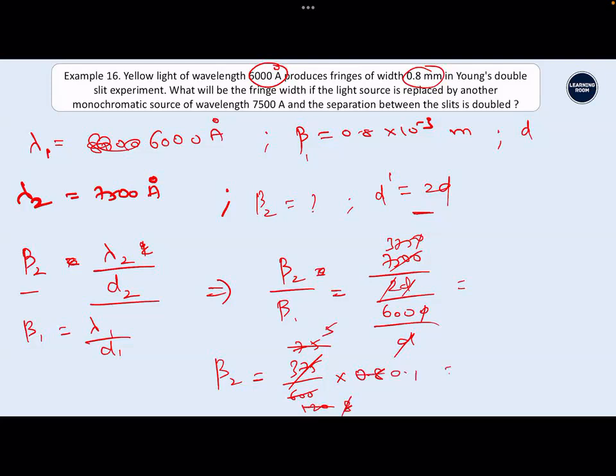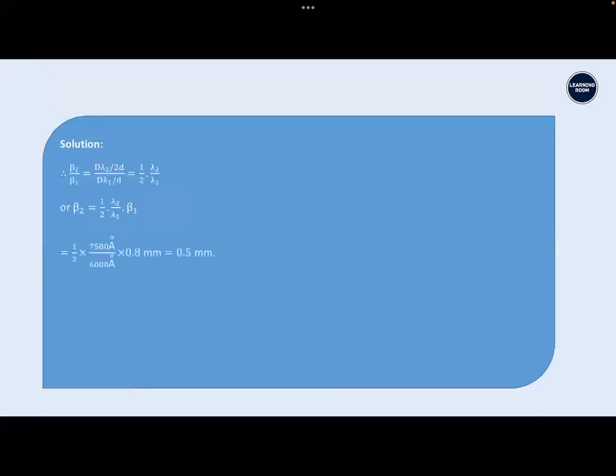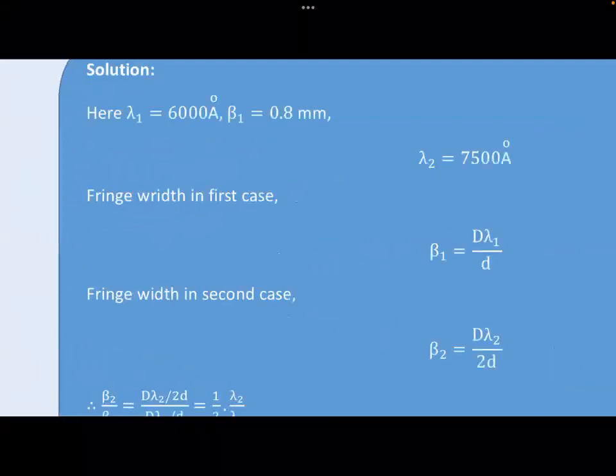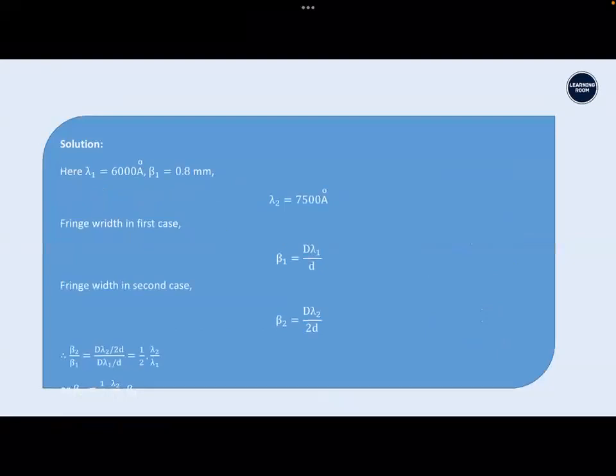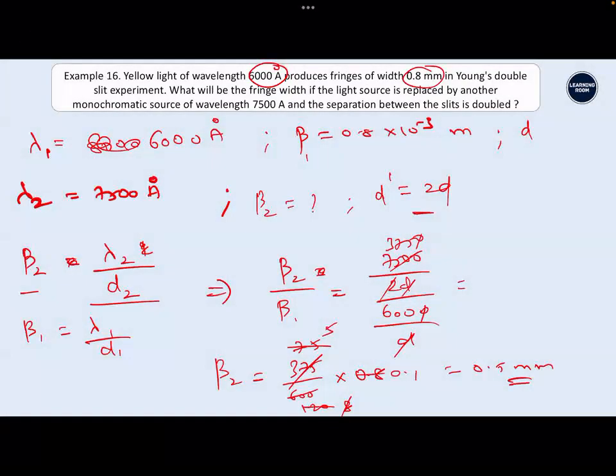So this is 0.1, and 0.5 mm is the answer. 0.5 mm is the answer. Exactly. No approximation.